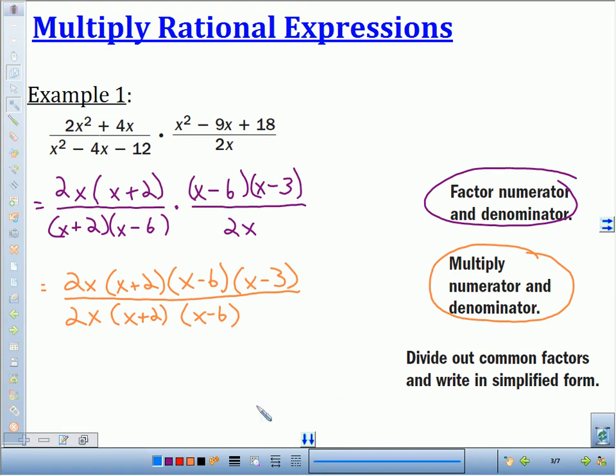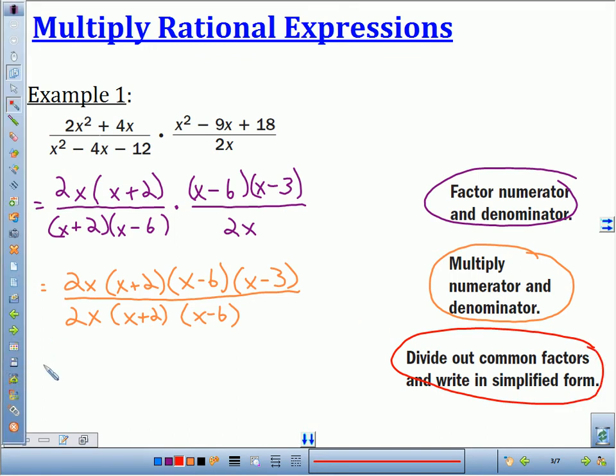Once we've done that, our last step is to divide out common factors and write in simplified form. Dividing out common factors, of course, is the same thing as canceling things out. For instance, we can cancel out the 2 and the x. We can cancel out x plus 2 and x plus 2, x minus 6 and x minus 6.